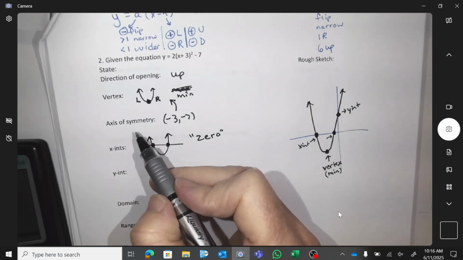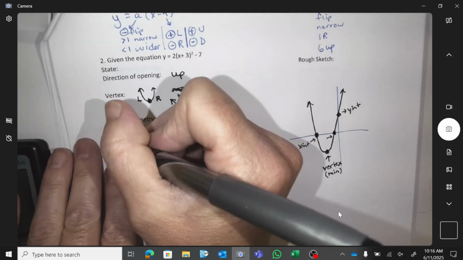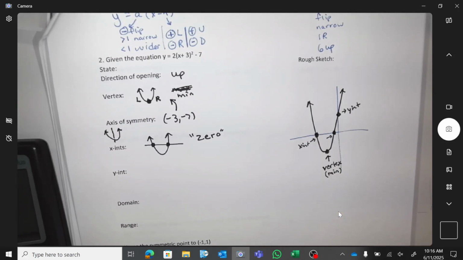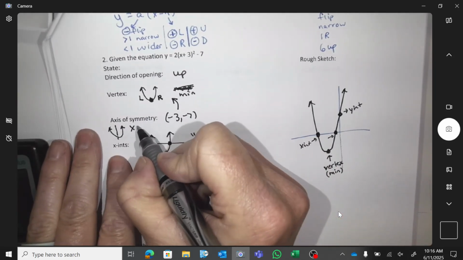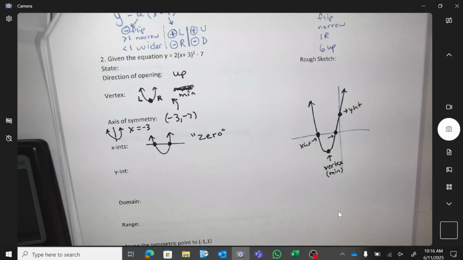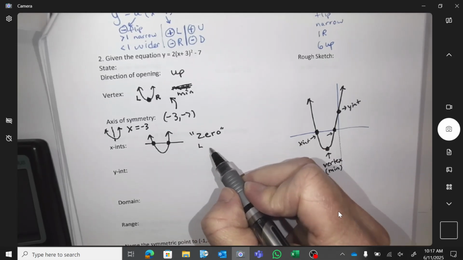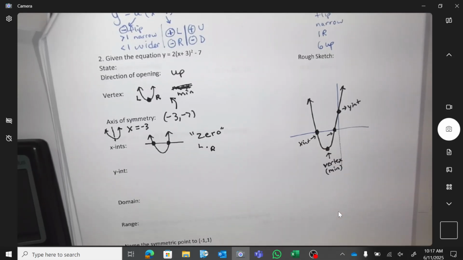Axis of symmetry is a cutting line. How do you make a vertical cut? X equals -3. Okay, so for an x-intercept, you need to do a zero, and then you need to be left of it and right of it.